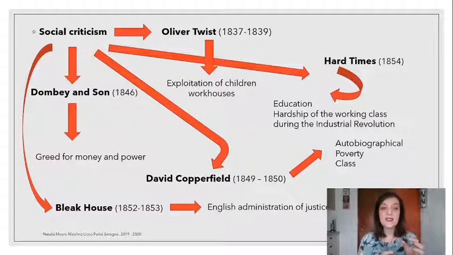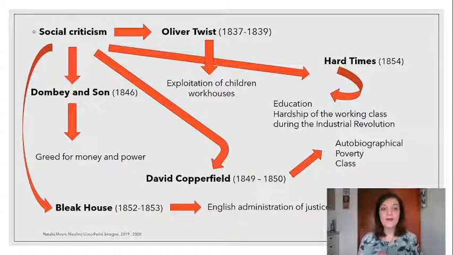It criticizes the enormous greed for money and power. More and more people were greedy. They wanted money, they wanted power. In Dickens' opinion, this greed for power and for money was one of the most important flaws of Victorian society. What else?